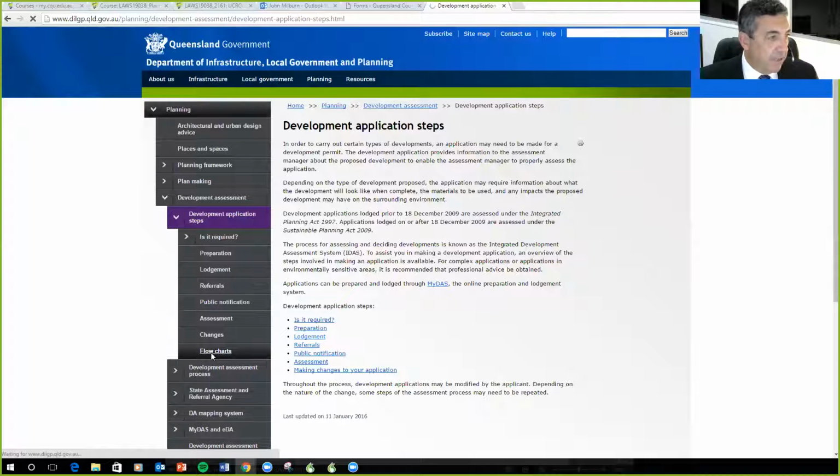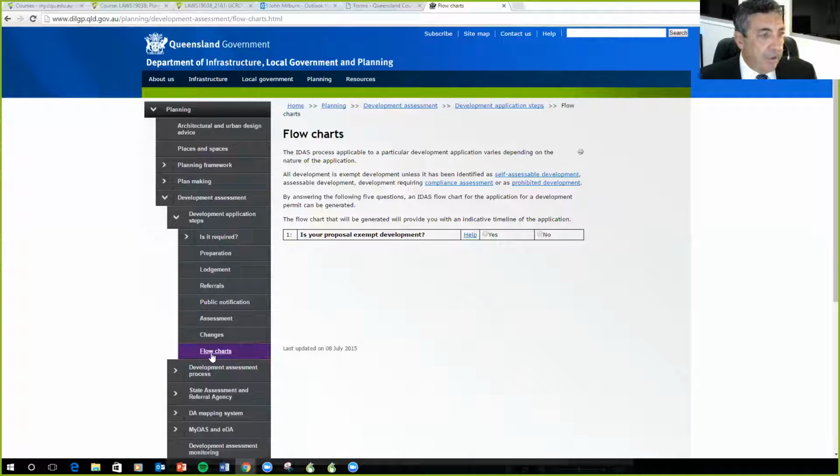So we'll go to flowcharts, and now you are required to answer a series of questions which will help to explain the process. Of course, you need to know what these terms mean in order to answer the questions sensibly.